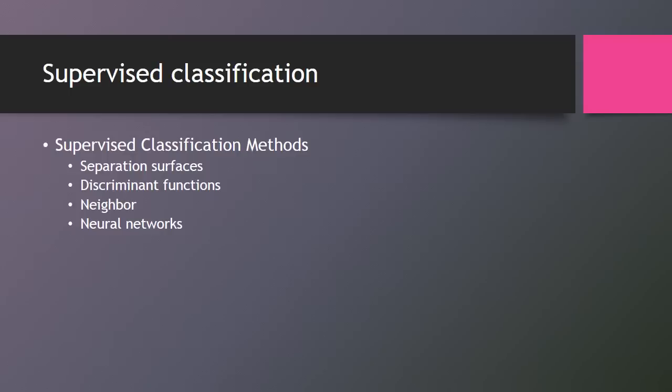The nearest neighbor: a new object is located in the class of the object in the original sample to which it is most similar.